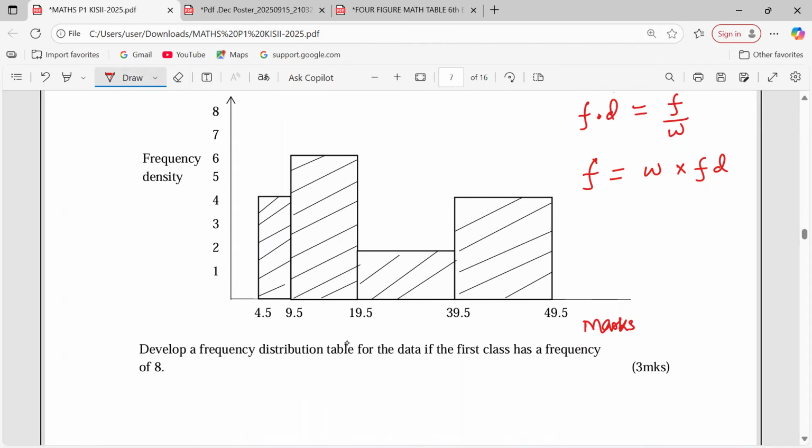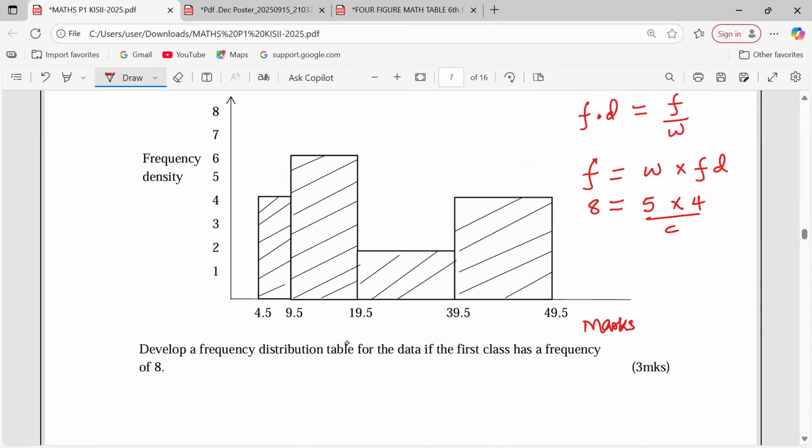In this case, the class width is 5 and the frequency density is 4. But now, these two have been divided by a certain factor so that they give us 8. So what is this factor which has been involved?